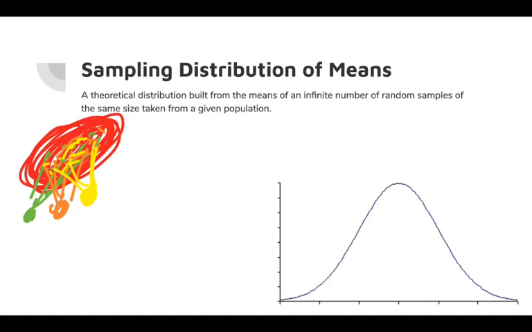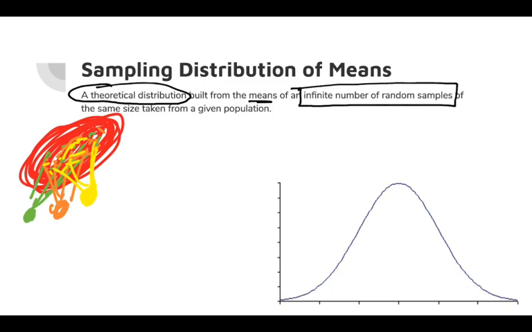What the sampling distribution of means is, number one, it's really a theoretical distribution that's built from the means of an infinite number of random samples. Okay, so here's mean 1, here's mean 2, here's mean 3. Now pretend I did this an infinite number of times and got an infinite number of averages.